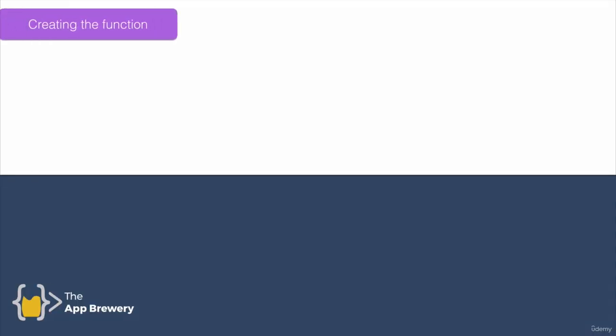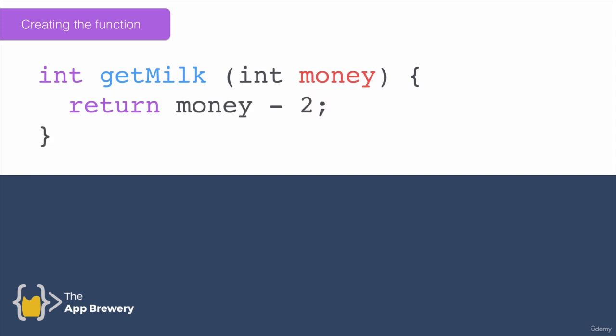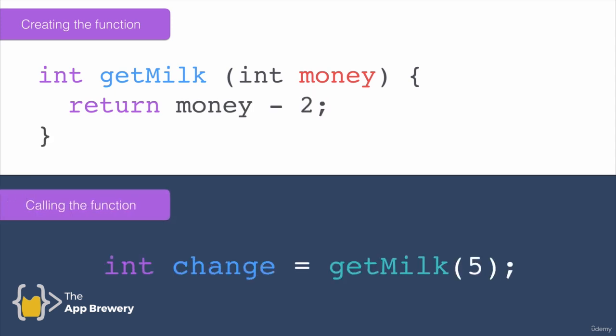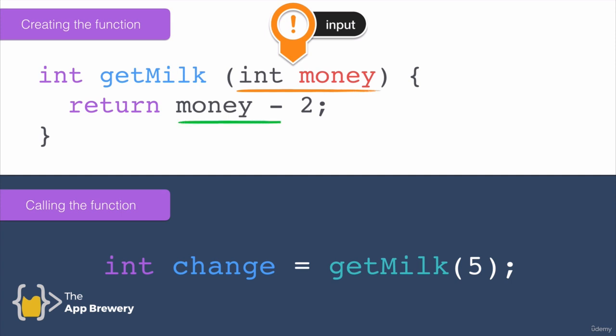So in this case, when we're creating the function, this is what it looks like. And when we're calling the function, this is what it would look like. This function has both an input, which is specified in between the parentheses, and also it can have an output, which is specified after the keyword return.